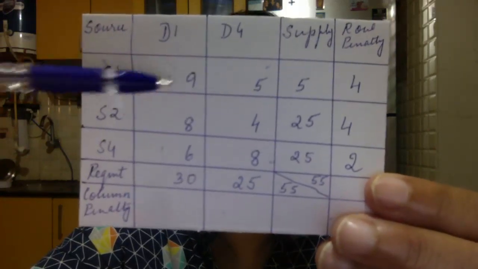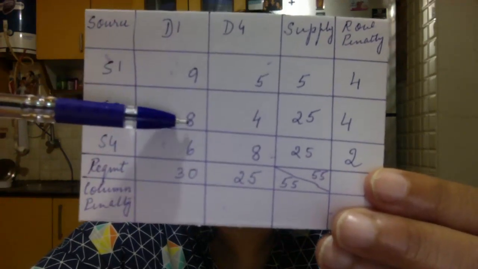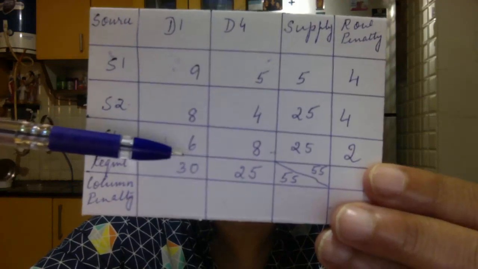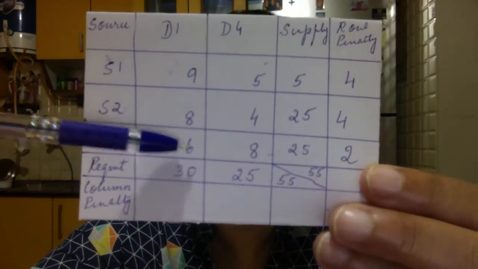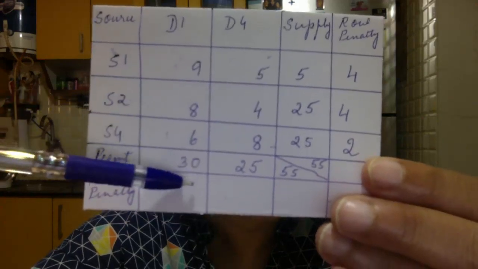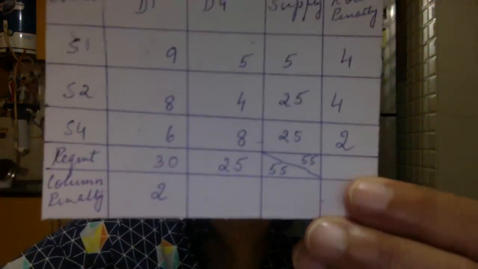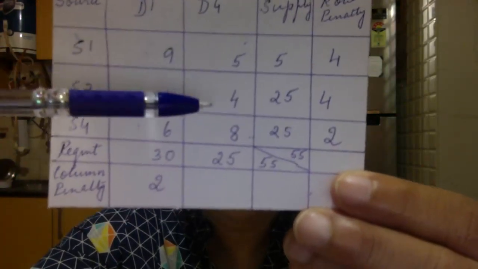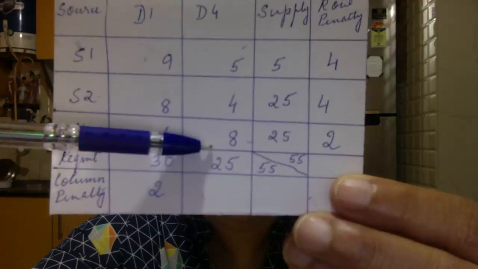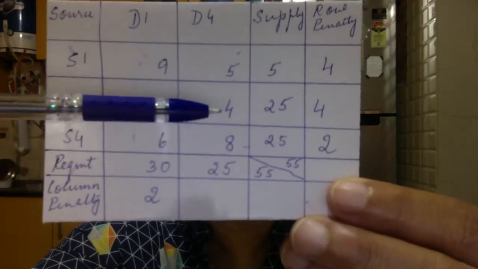Let us work out the column penalty. 9, 8 and 6. Least is 6. Next least is 8. So 6 minus 8, 2. Next, we have 5, 4 and 8. Least is 4.